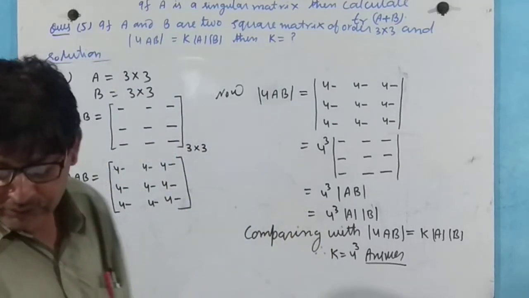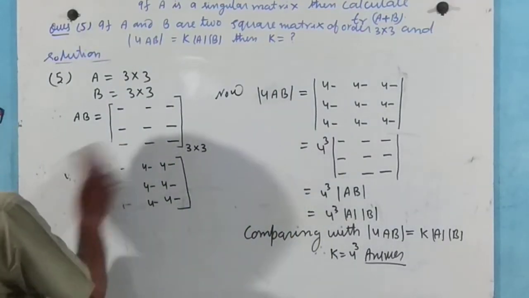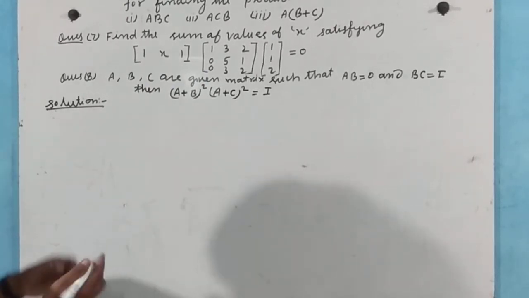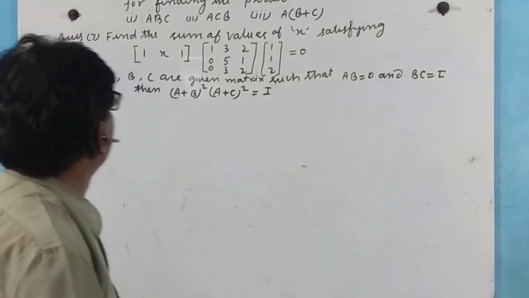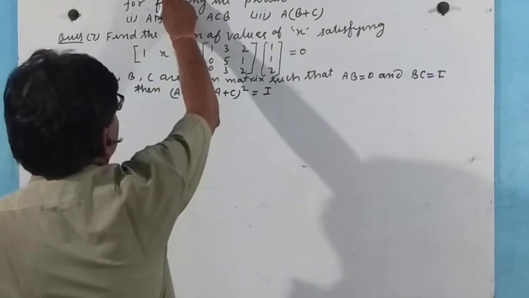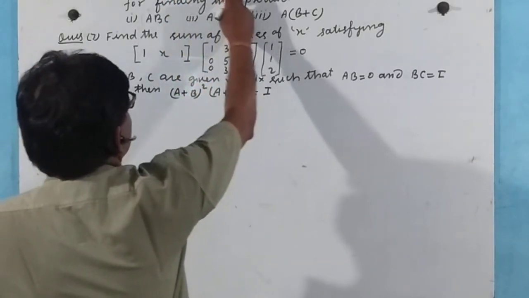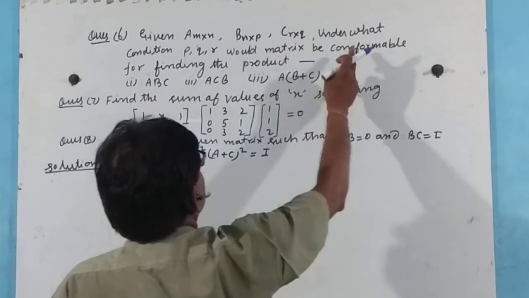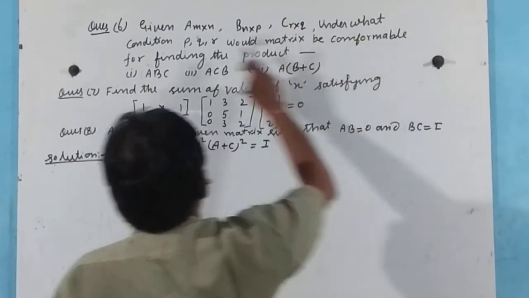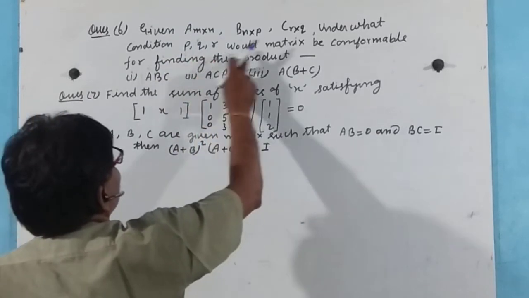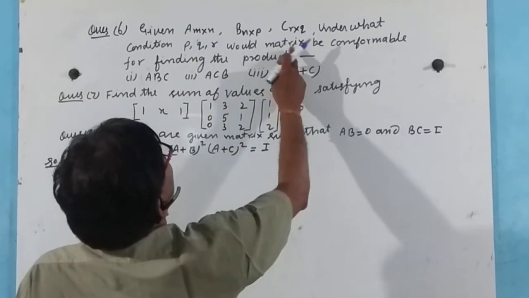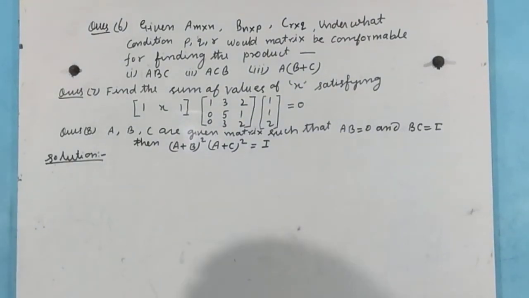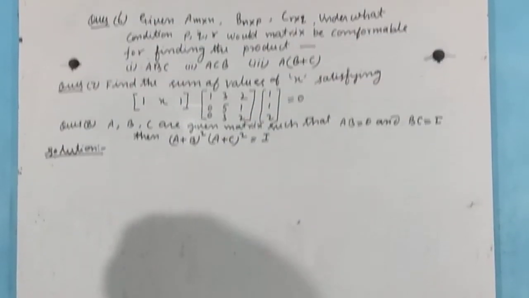Now we take another problem. Question number 6. Given matrix A of order M cross N, B of order N cross P, C of order R cross Q, under what conditions on P, Q, R would the matrix product be formable?